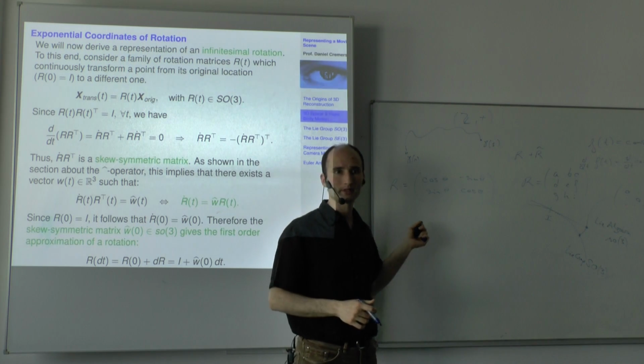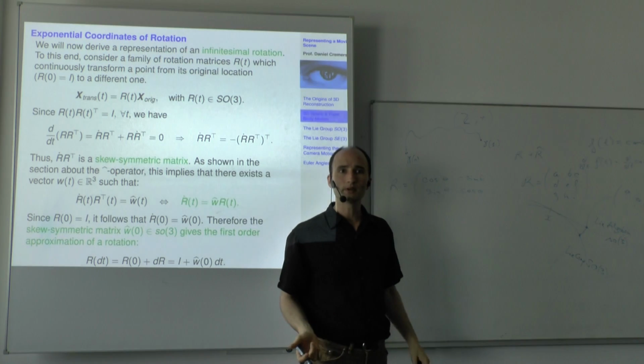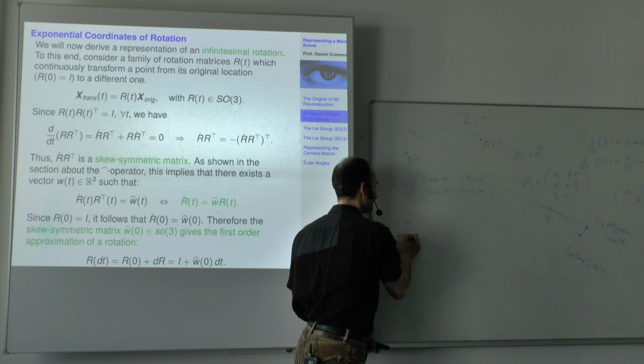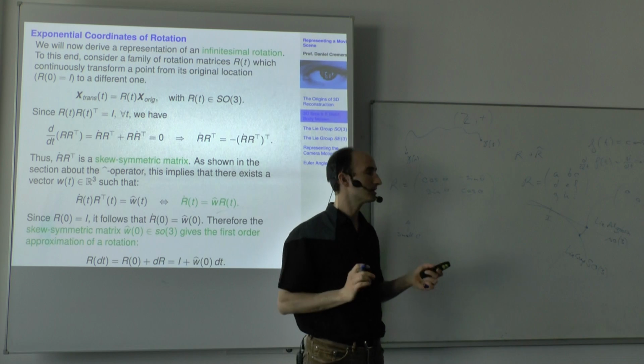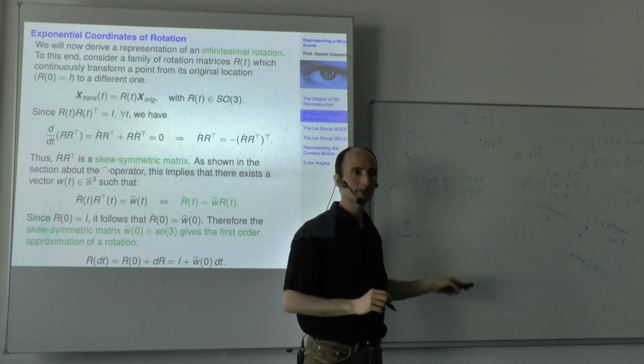You may remember that representation. For theta equals 0, I get the unit matrix. Now assume I have a very small theta, so not 0, but close to 0. That's infinitesimal. What can I do? I can do a Taylor expansion of all these terms.